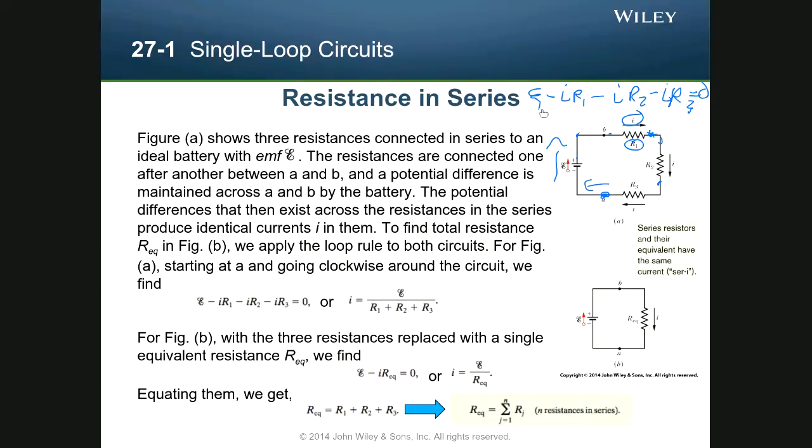Now, once we go to the battery, we're on the other side of the battery. We have the first term in our equation. Now we go here. Point B doesn't mean anything because we could have started there, but we didn't. But we get to this resistor, right? So now we ask, are we going with the current or against the current? You'll notice we're going the same direction in our circuit as the current is going.